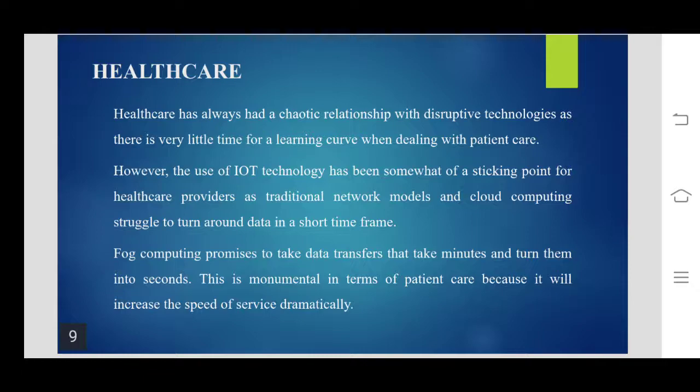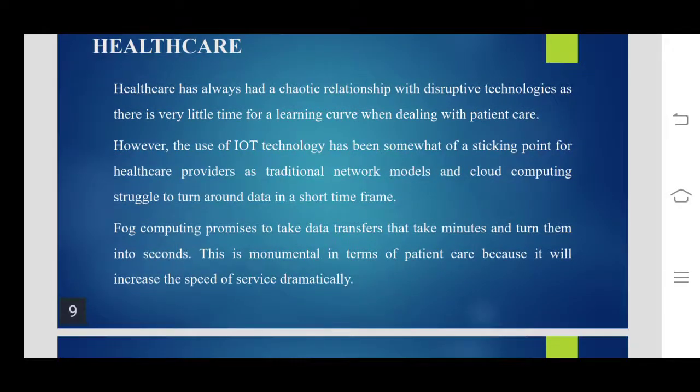Fog computing promises to take data transfers that take minutes and turn them into seconds. This is monumental in terms of patient care because it will increase the speed of service dramatically.